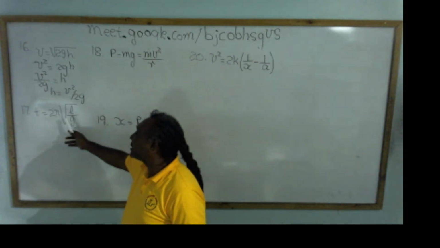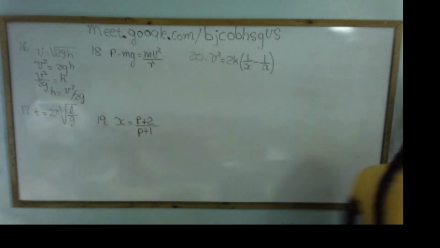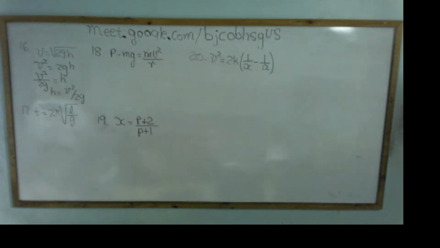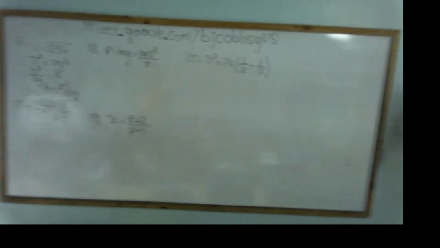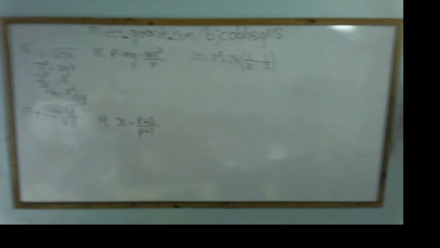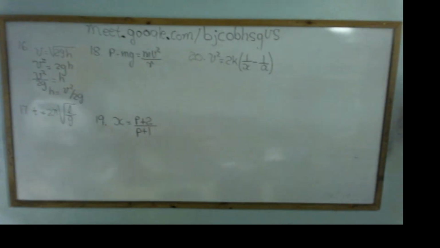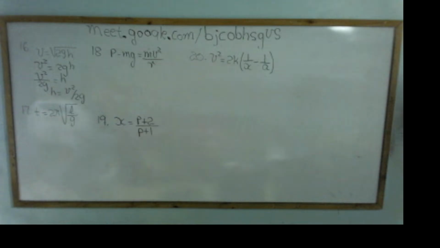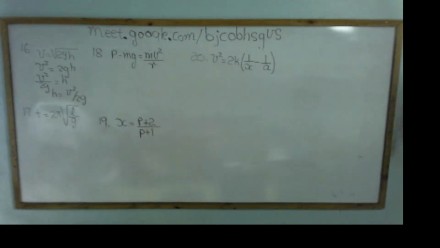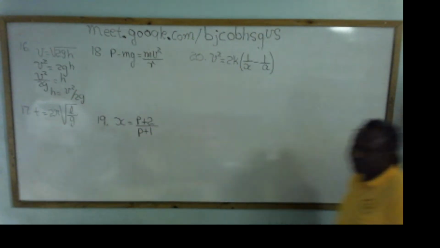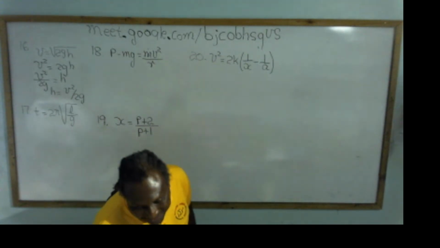T is equal to 2 pi square root of L over G. What do I eliminate first? What do I eliminate first in that case?